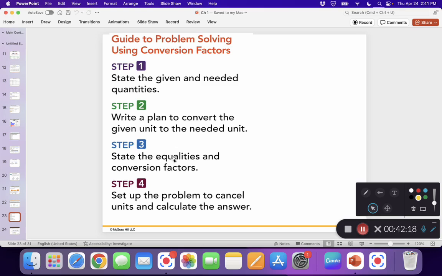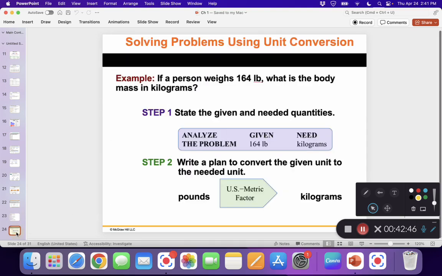When you write the equalities, you can come up with the 2 conversion factors. Then you set up the problem in such a way that you cancel out the units in the starting number, and then you come up with the calculated answer with the unit that you want, and then you can finally look for the correct significant figures. How many can you report? Okay, so those rules of sig figs we learned have to be applied here.